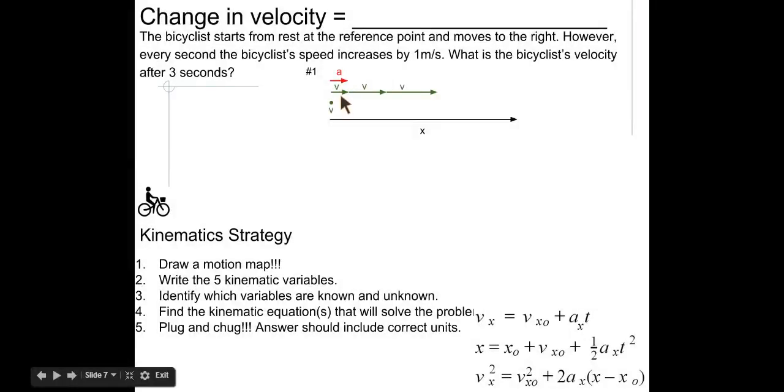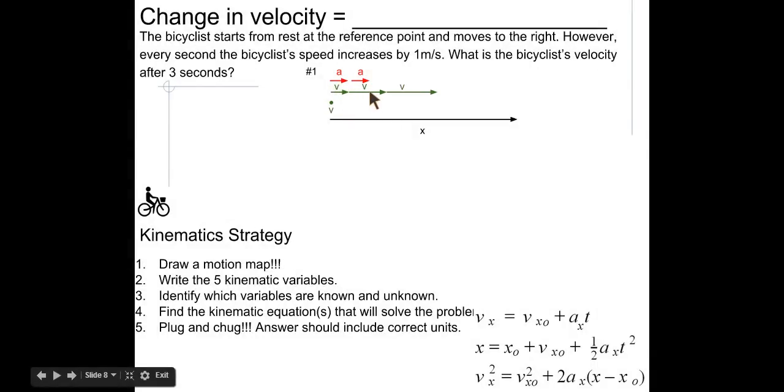So think of it this way. This length minus that length is equal to that length. All right? So the change in velocity or the acceleration is that length there. And in this case, because it's 1 meter per second right there, and I'm subtracting 0, this change in velocity is 1 meter per second. Then we go from this final velocity to this initial velocity.